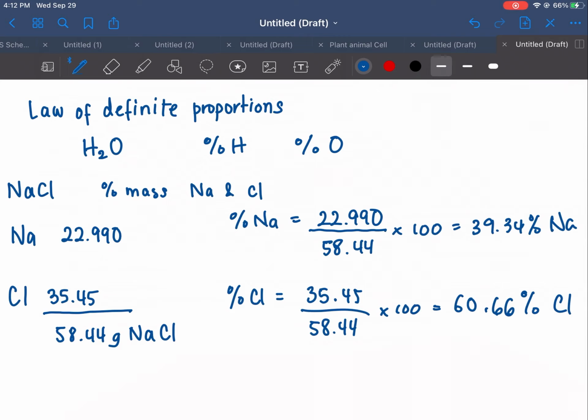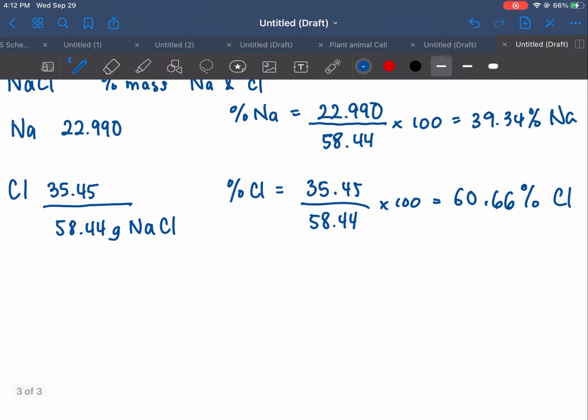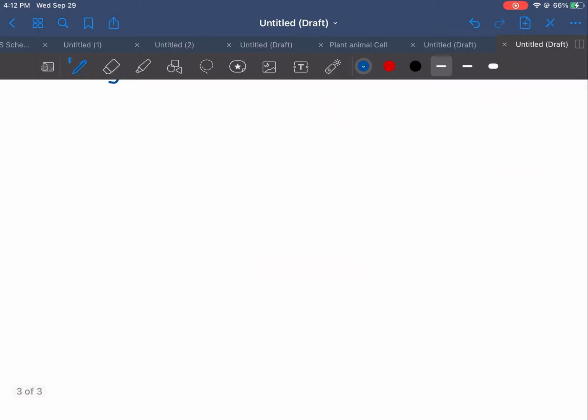All right. Now, that's a situation where you are not given any amount. I literally just gave you sodium chloride and then you use the periodic table from there. Now, the situation's pretty much the same when you are given a problem where the amount of substances is already stated. So let's look at the second problem.